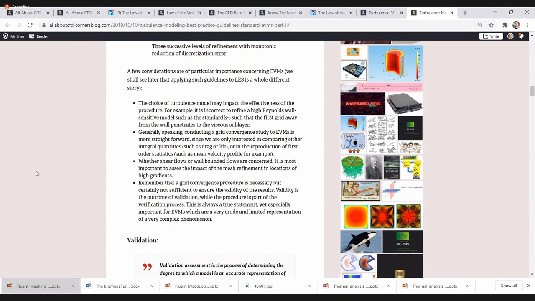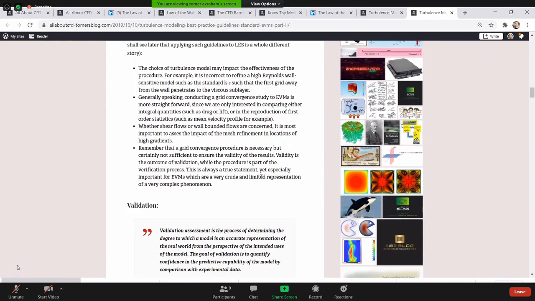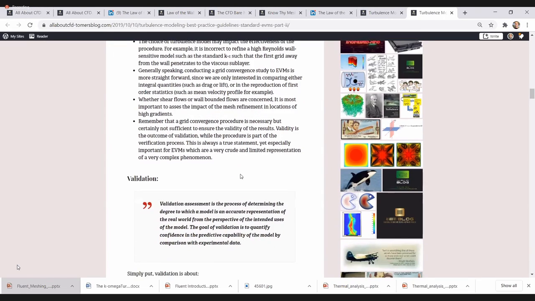We should always remember that this procedure of grid convergence means that we have verified the equations. A verification procedure is necessary, but it is not sufficient. Of course, if you didn't solve the right physical model or problem, then although you have grid convergence, it doesn't describe the right phenomenon.